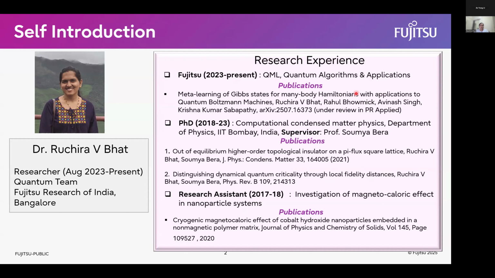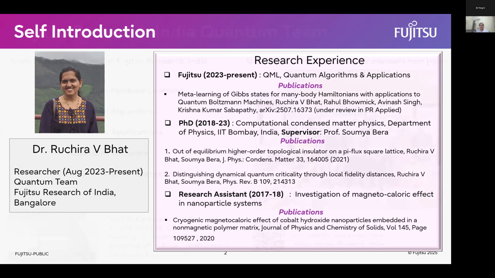Before joining Fujitsu, I was pursuing a PhD at IIT Bombay, India, where my PhD was around computational condensed matter physics, especially Floquet topological physics and understanding non-equilibrium quantum phase transitions. I also have a brief experience in experimental condensed matter physics, where I was trying to understand different magnetic properties in nanoparticle systems.